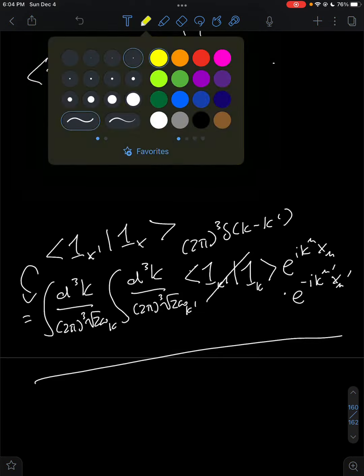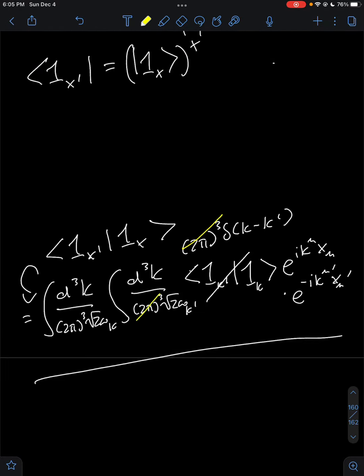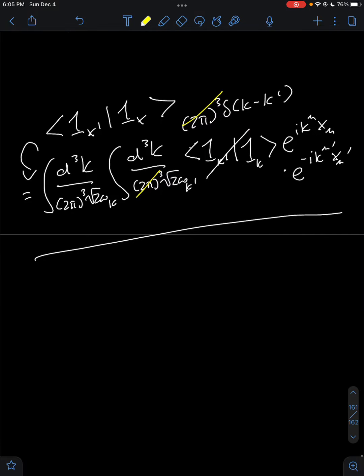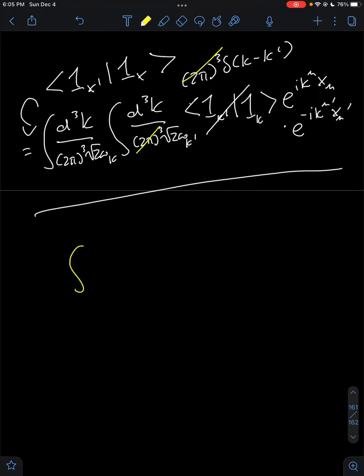And this (2 pi) cubed will cancel out with this one right over here. And when we have an integral over a delta function, it's a good thing because it makes the integral pretty easy. Recall that the integral of delta of x minus a times f of x is just going to give us f of a.